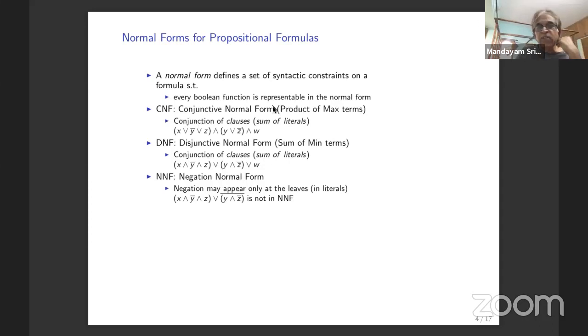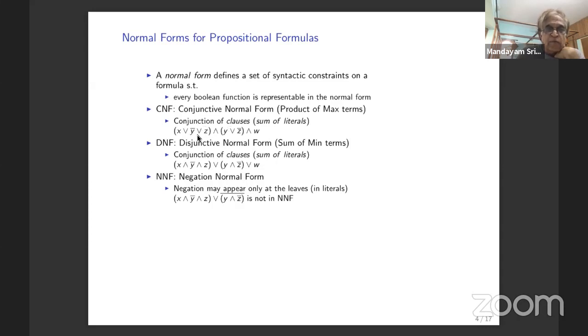There's the conjunctive normal form. It's a product of max terms, the conjunction of clauses. I'm assuming that you all know this, and how to get any arbitrary Boolean formula that has other operators into this form. For our purposes, they are called clauses.